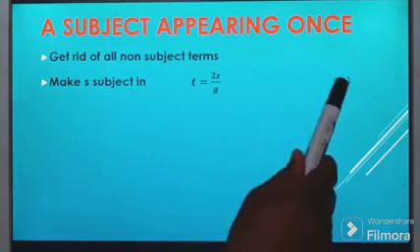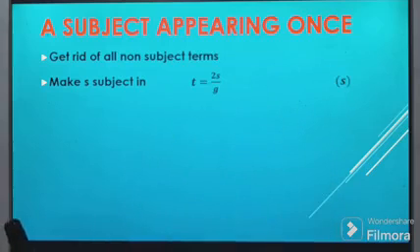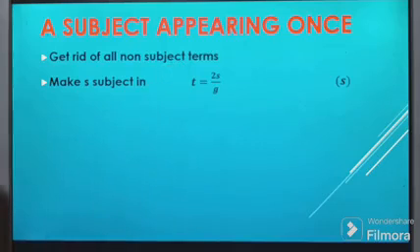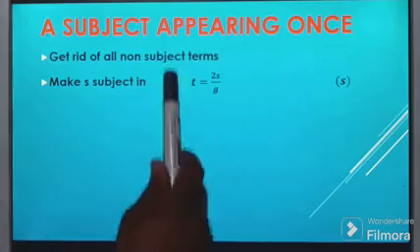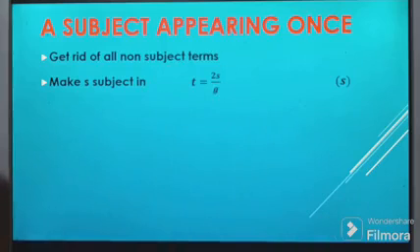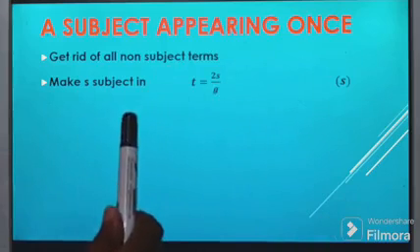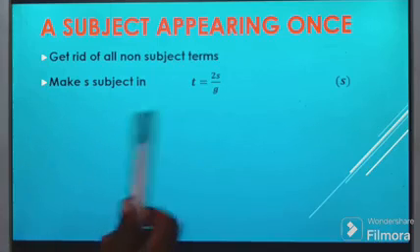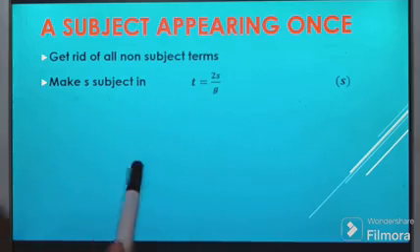So we want to make S our subject. How do we do that? In short, we just get rid of all non-subject terms. Everything surrounding S, we remove, using the methods we discussed before: if the term is adding, we subtract both sides.